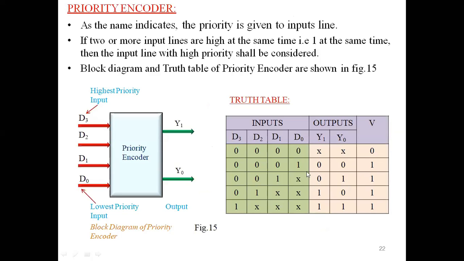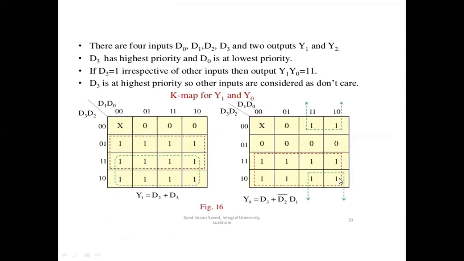First you make the don't care condition 0. Then if you apply the same input again with the don't care condition as 1, that is D3 0, D2 0, D1 1 and D0 1, you will again get the output 0 and 1. Let us cross check once again.